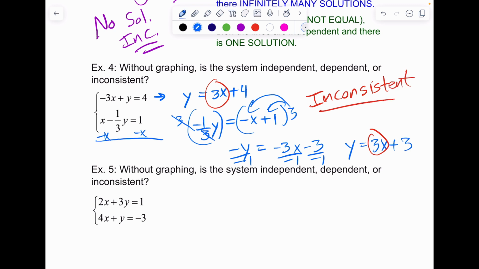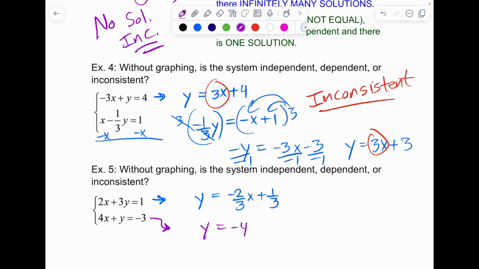And last but not least, without graphing, is the system independent, dependent, or inconsistent? Let's go ahead and solve for y here. Subtract the 2x, divide by 3. You're going to have y is equal to -2/3 x plus 1/3. And when we solve for this one, I'm going to subtract 4x to both sides.